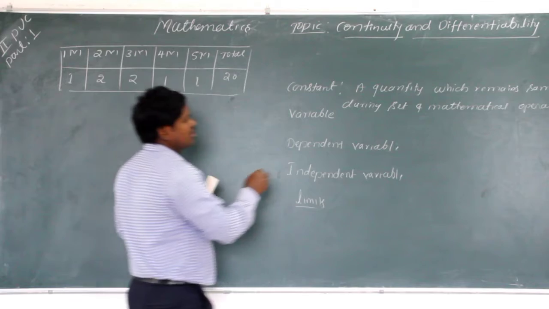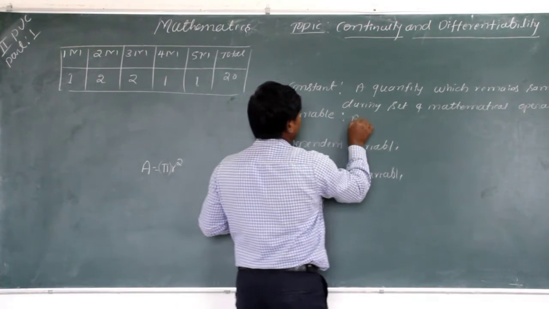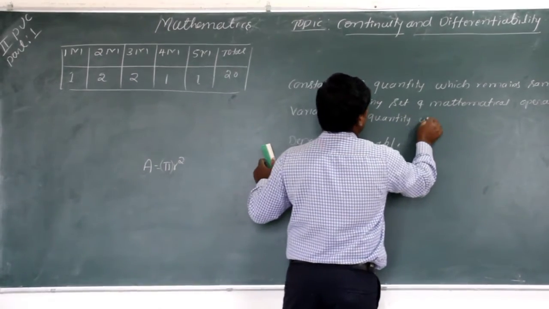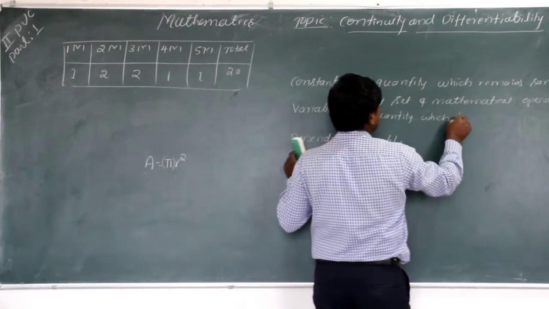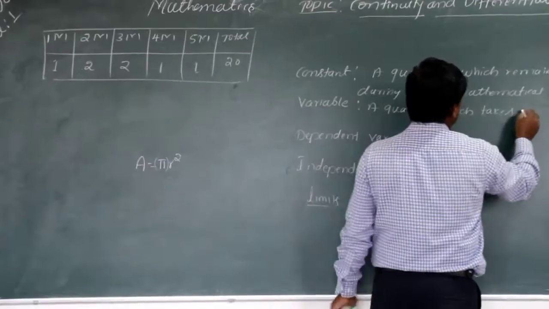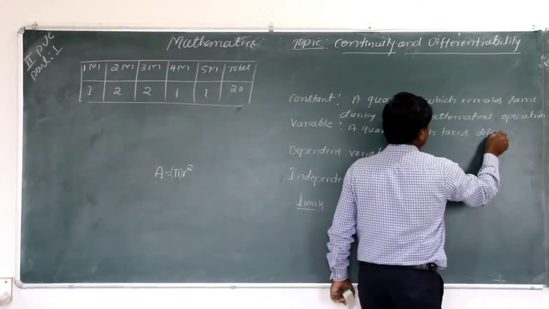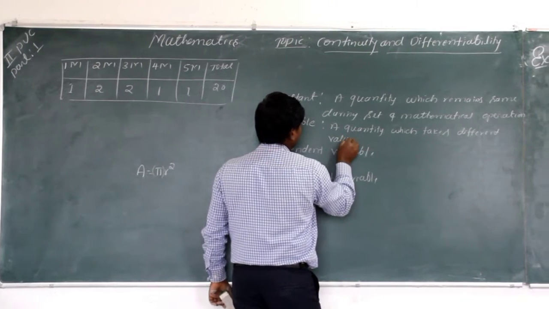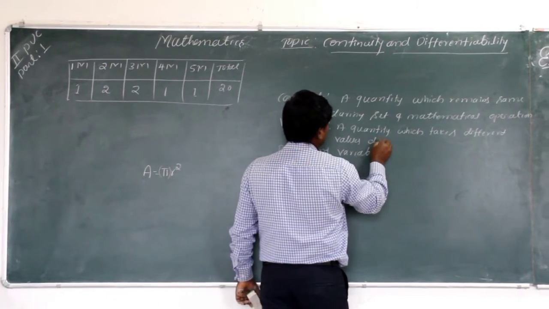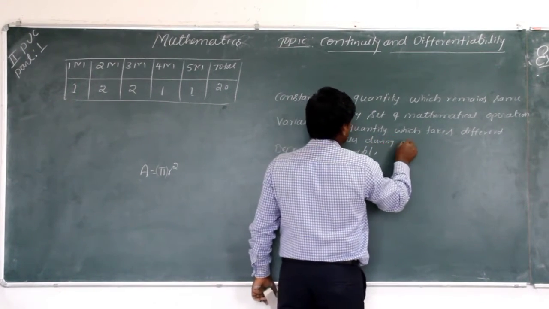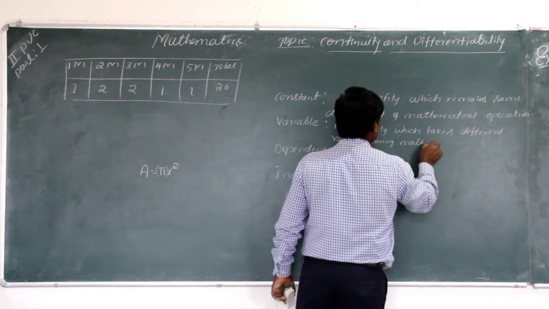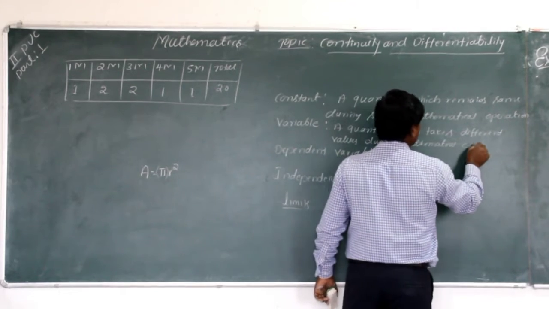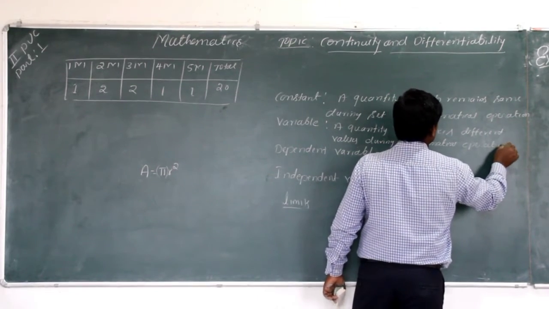Now, a variable is a quantity which takes different values during mathematical operations.